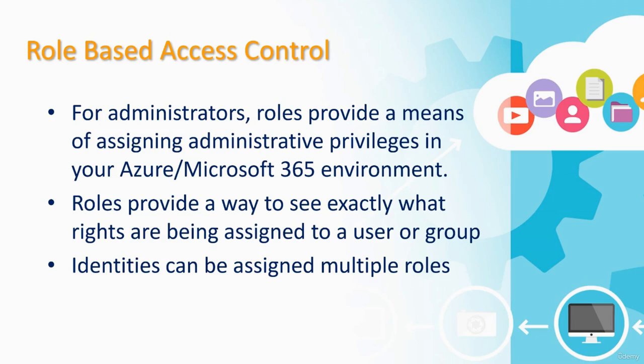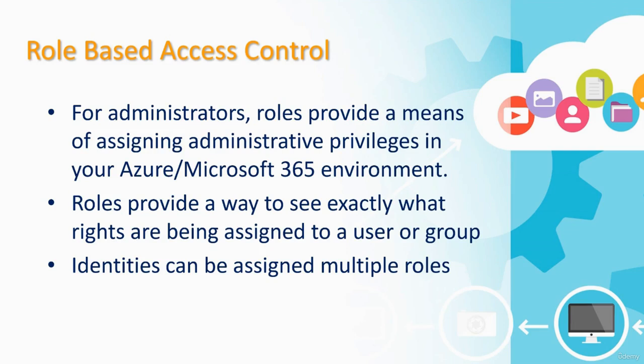This is going to include both Azure as well as your Microsoft 365 environment. What you're going to find is you've got a mix of roles. Some of the roles are going to be in the Azure portal, which is what we're going to focus on right now. And a little bit later, we're going to also focus on the Microsoft 365 side, where you're going to see that there are some roles that are specific to the security of Microsoft 365.